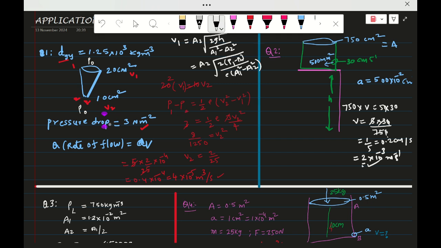If P1 and P2 are the pressure differences, for example for a horizontal cone, the conical shape horizontal, then the difference in the pressure is equal to H rho g, you have to take it like this. Otherwise, if this is horizontal, here the pressure energy is P1, here the pressure energy is P2, and H rho g is 0.